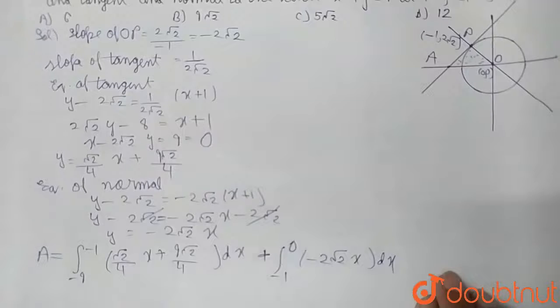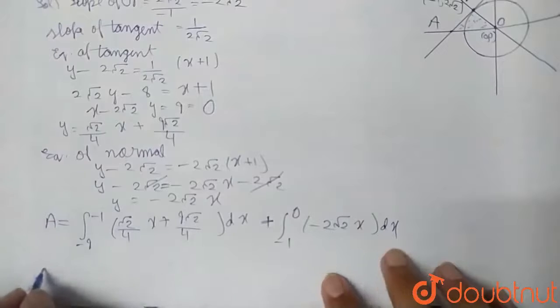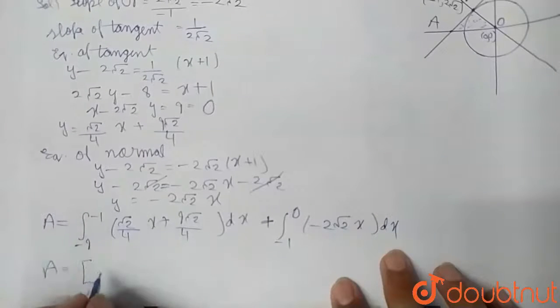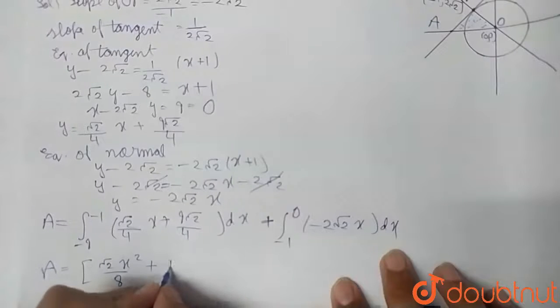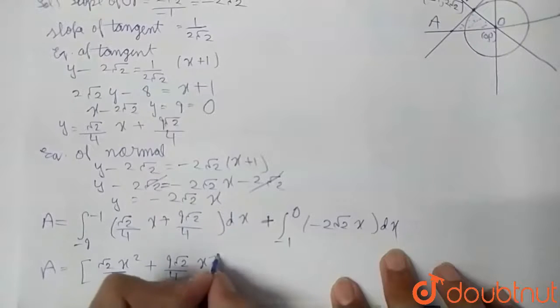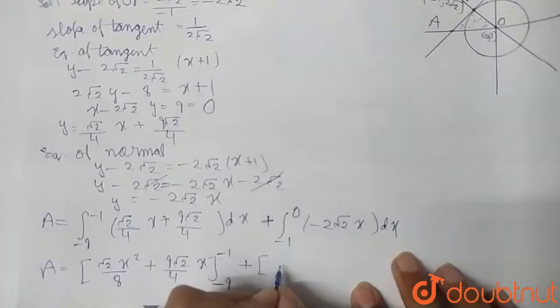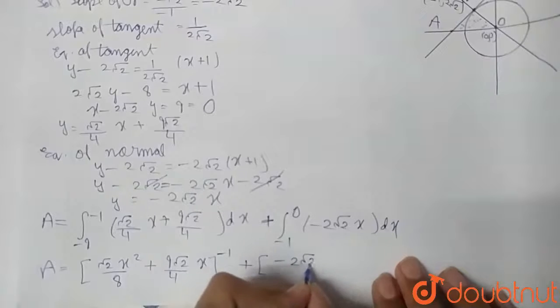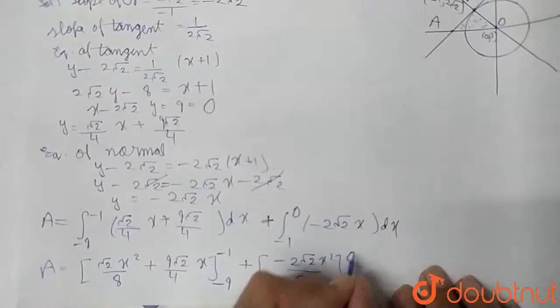By doing the integration, the area equals (root 2 x square by 8 plus 9 root 2 by 4 x) from -9 to -1, plus (-2 root 2 x square by 2) from -1 to 0.